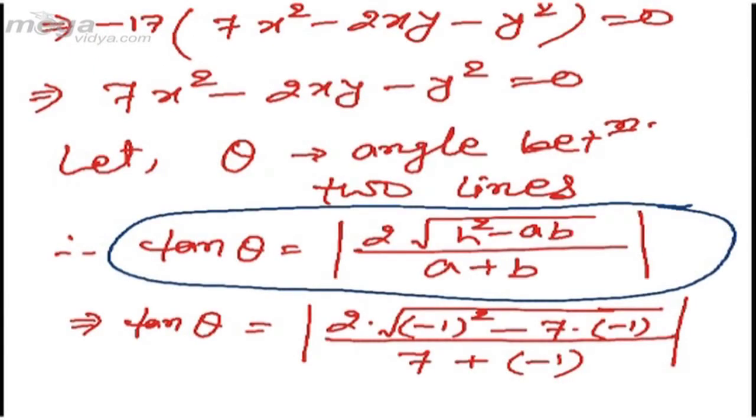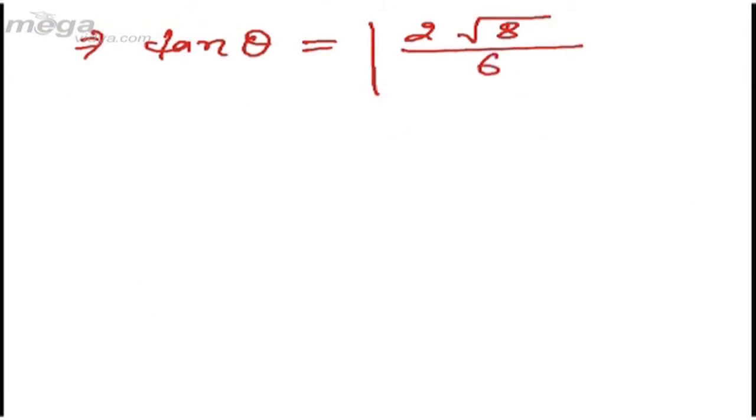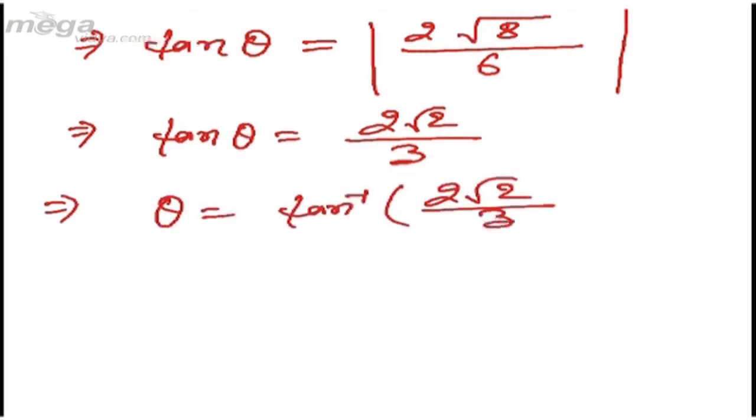So we will get here tan theta is equal to 2 into root under 8 divided by 6. Now this 2 and 6 get cancelled, it will be 3. And this root 8 is 2 root 2. So finally we'll get here tan theta is equal to 2 root 2 by 3. Hence theta is equal to tan inverse 2 root 2 by 3.